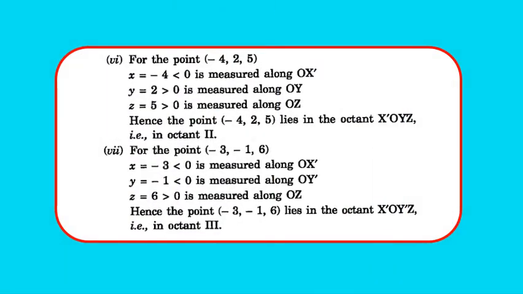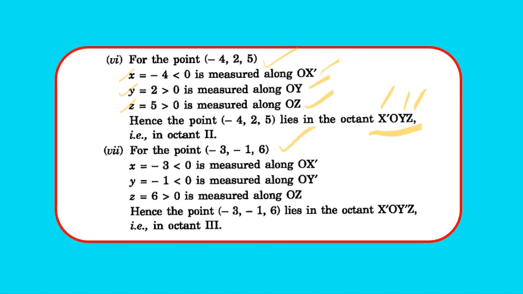We have taken the point (-4, 2, 5). Here x is -4, less than 0, y is 2 positive, z is 5 again positive. So x will be along the negative axis OX', y along positive, that is OY, z along positive, that is OZ. So the required octant will be X'OYZ: x negative, y positive, z positive. Clear? And suppose we take the seventh, that is (-3, -1, 6).